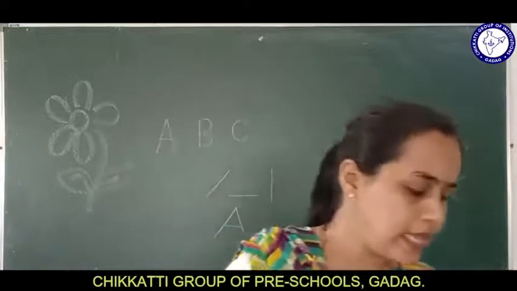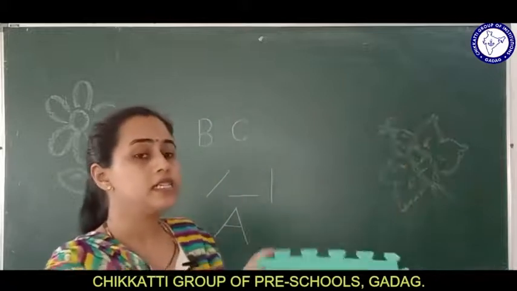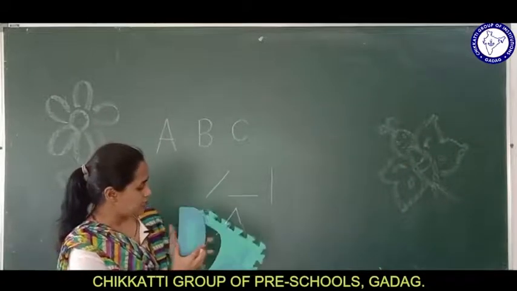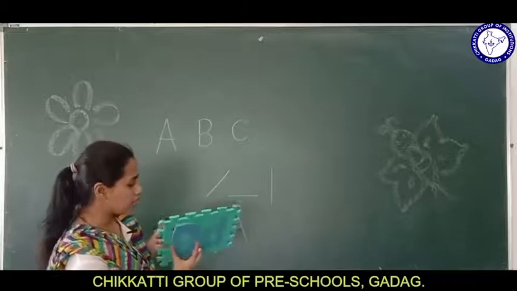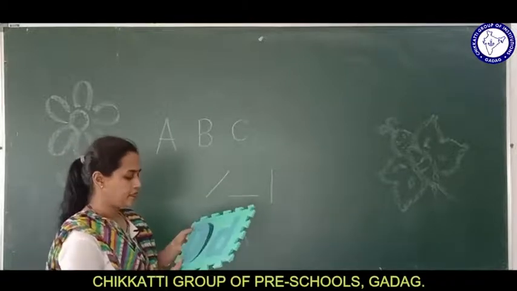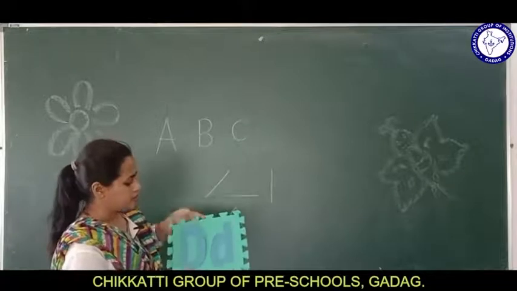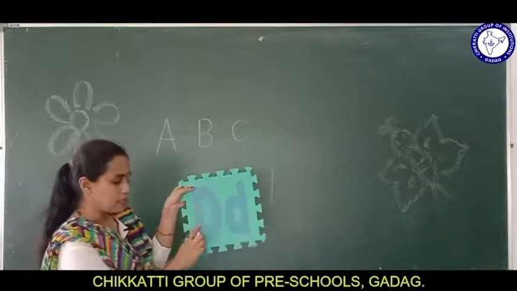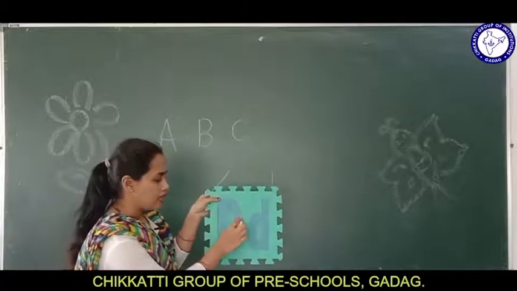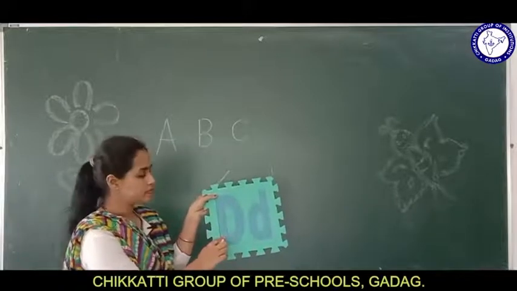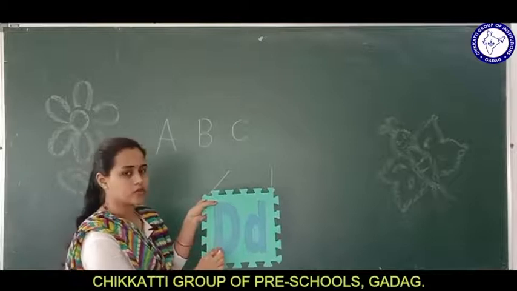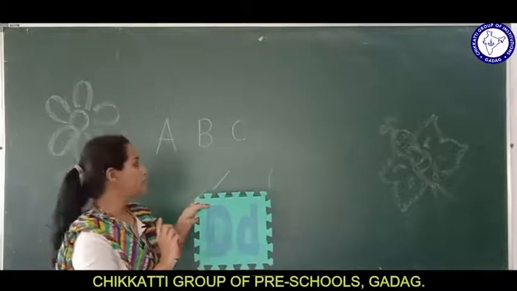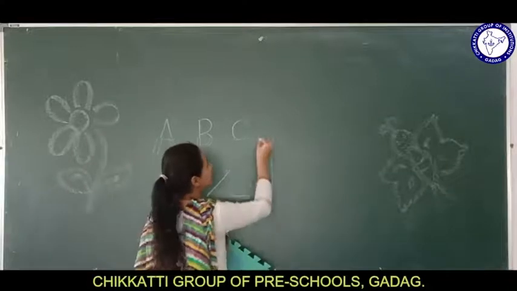Which is the next alphabet? It's D. How do you have to write D?